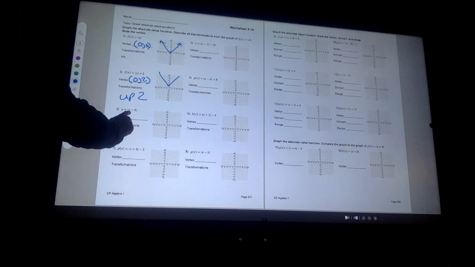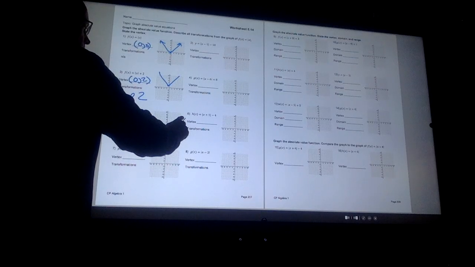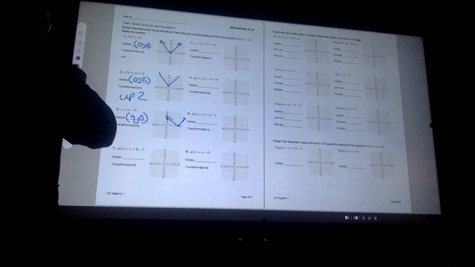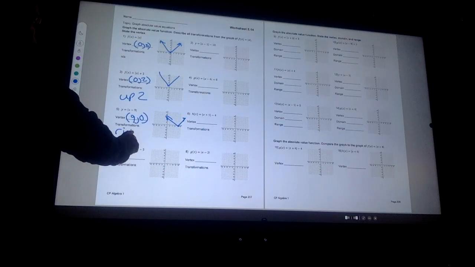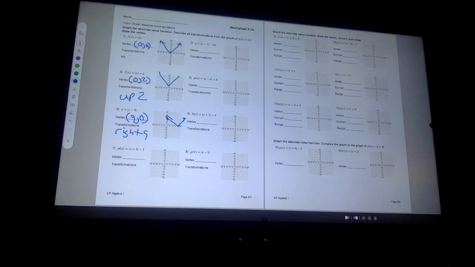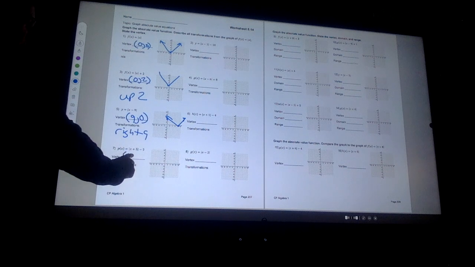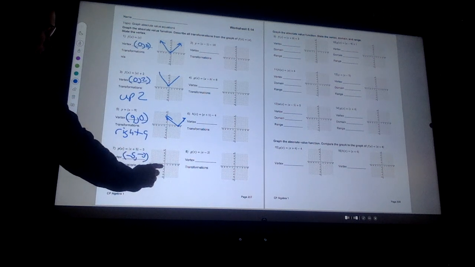Number 5, it's going to go right 9. Transformations, right 9. Number 7, vertex is at -5, -3.